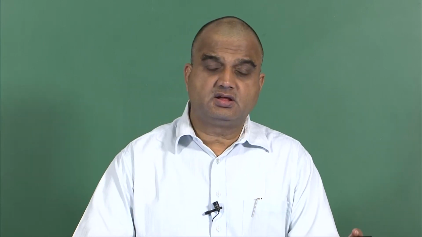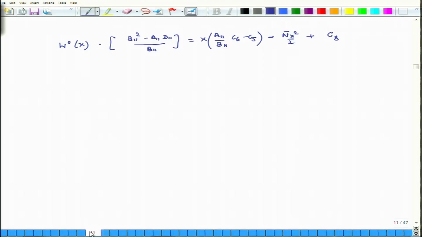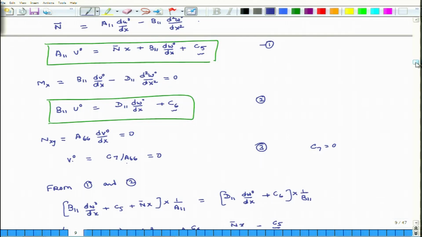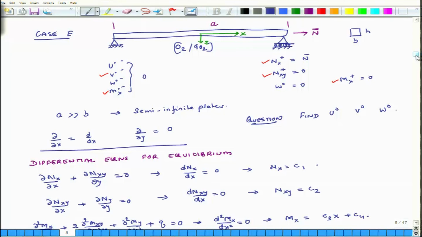So, with that problem formulation, what we have done so far is come up with an expression for W naught x, which is this entire relation. Now we want to evaluate the values of the integration constants C6, C5 and C8 from W naught x, and later we will use the same thing to compute the relation for U naught.